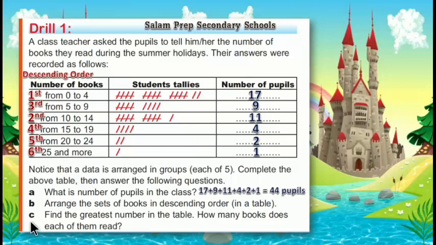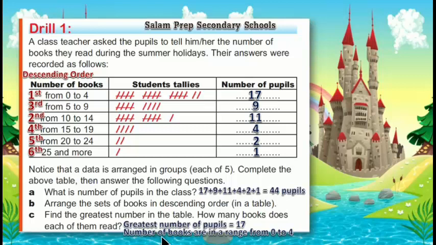The third requirement, find the greatest number in the table. How many books does each of them read? Greatest number of pupils. Please look at number of pupils. The greatest number is 17. Okay?